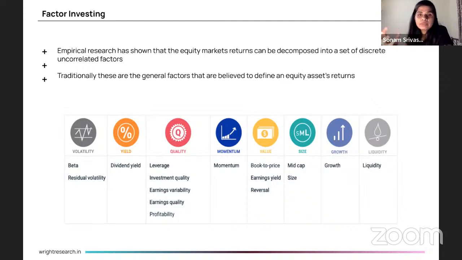Value investing is picking up stocks that have lower value than their underlying price, and people invest into these stocks to get a better return out of them.